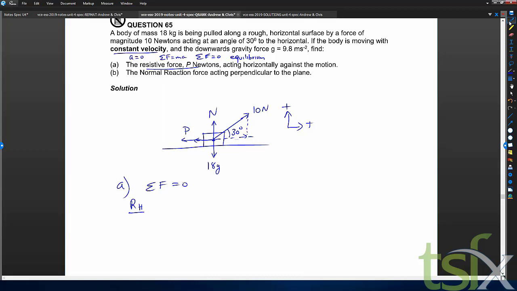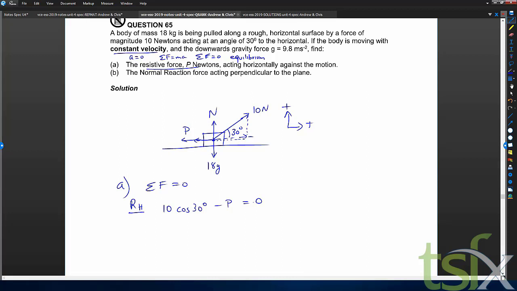Okay, so let's just go over that one more time. So we're going to resolve horizontally. So we want this component force going across there, so 10 cos 30 minus P would be equal to 0. Now I've got a pattern here. I'm not just going to say, we all know that P equals 10 cos 30, correct? So I'm going to set up for every time I do one of these questions the same thing.